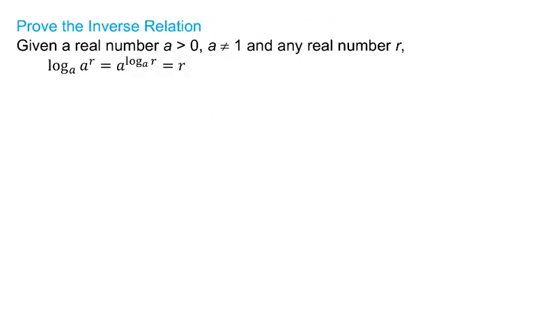Of all the properties we have, this one looks probably the most intimidating. It's built on the concept of logarithmic functions and exponential functions being inverses of one another. So, for example, if you have the function f of x equals a to the x, a basic exponential function, the inverse of that function is the logarithmic function.